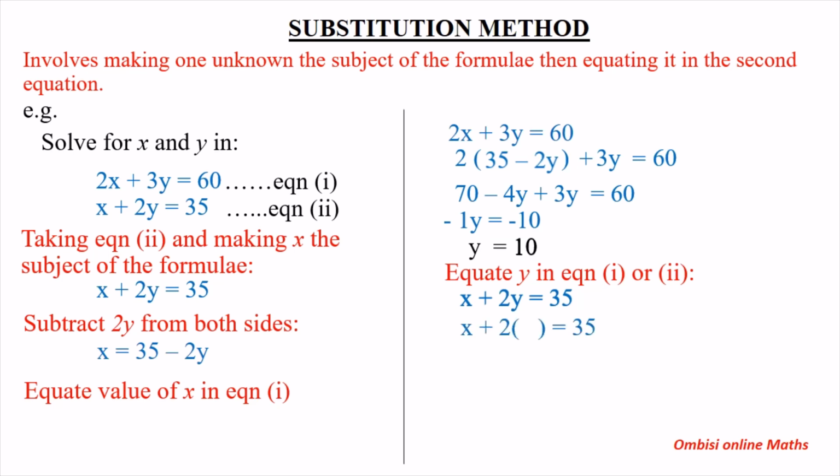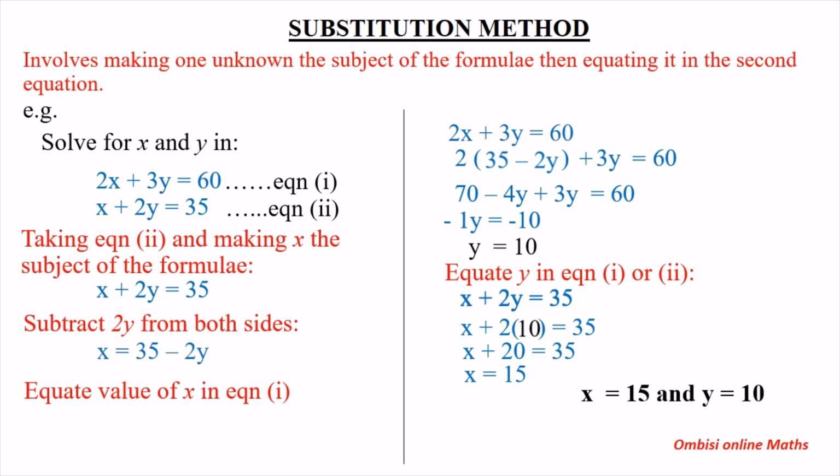So it means that x plus 2, then you put the value of y, which is 10, should give us 35, which translates to x plus 20 is 35, and this one translates to x equals 15. Therefore, we have established the value of x equals 15 and the value of y equals 10. And this is how you solve a system of simultaneous equations using the substitution method.